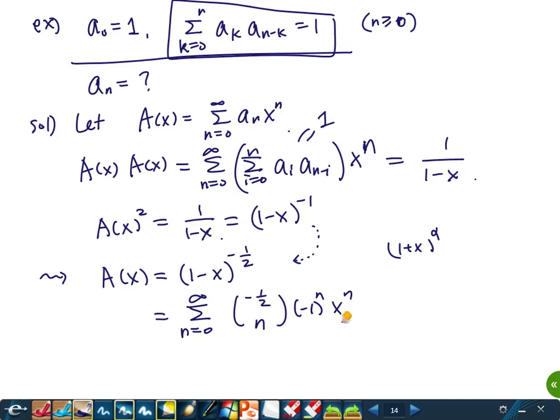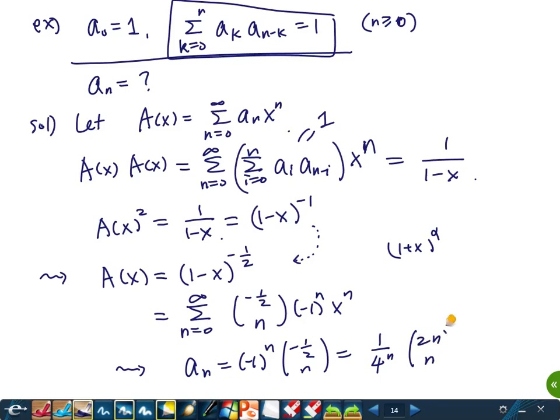Now, from this, you can expand this using the definition of the binomial coefficient. If you do that, you can compute that a_n is equal to 1 over 4 to the n, times 2n choose n. You can compute things like this.